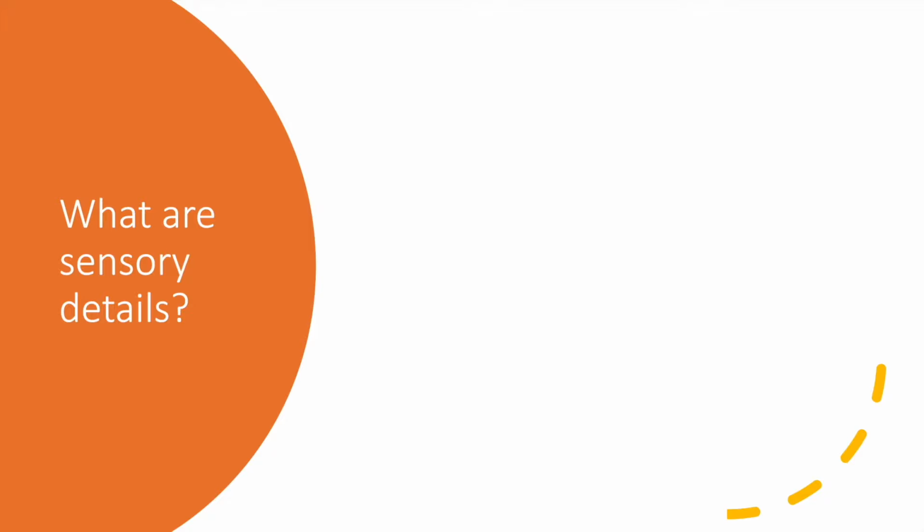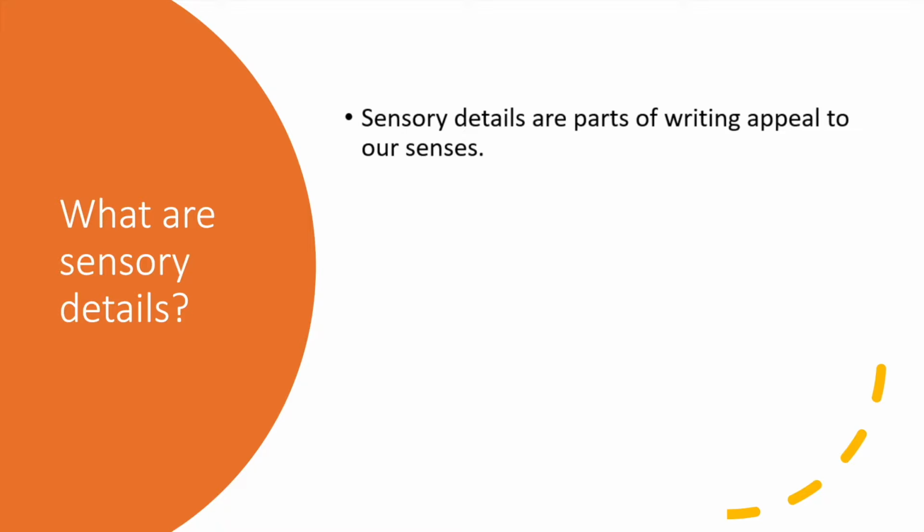So first we need to know, what are sensory details? Sensory details are parts of writing that appeal to our senses. If we are trying to describe how something smells, the word you use should be a very strong word that gives us a clear idea of what that is going to actually smell like.